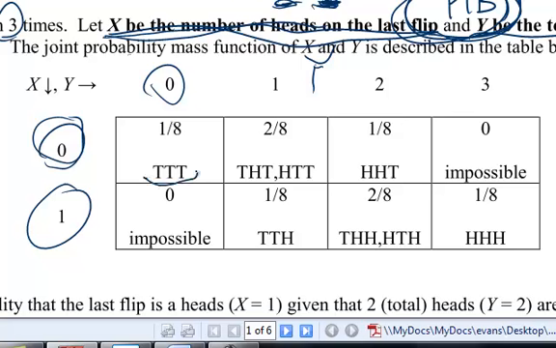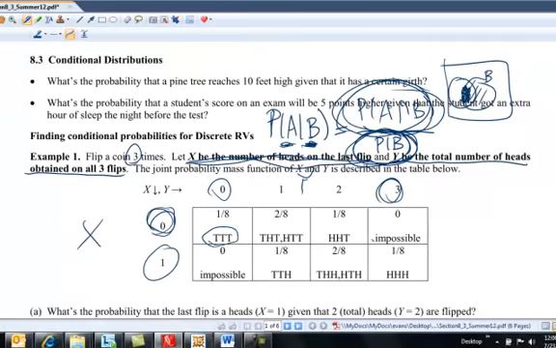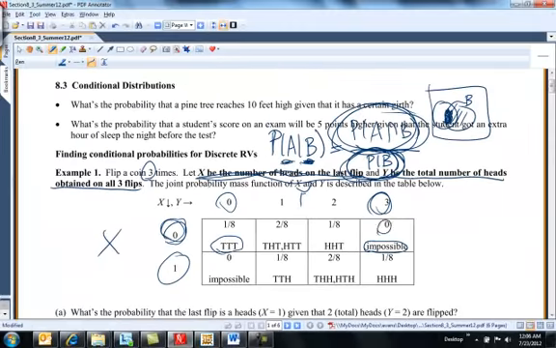That's tail, tail, tail, right? There's no heads total, and there's no heads on the last toss. 3 would mean I have 3 heads, but then X equals 0 means I have no heads on the last toss, so this is impossible, and I give it probability 0.